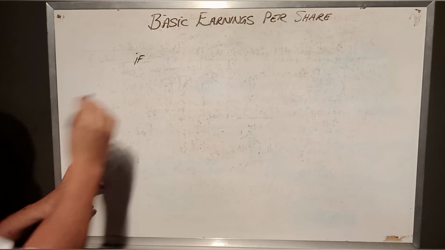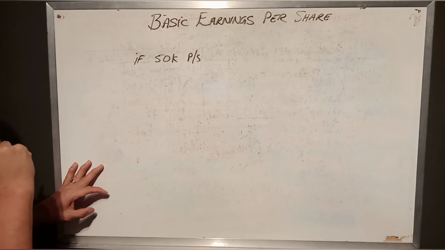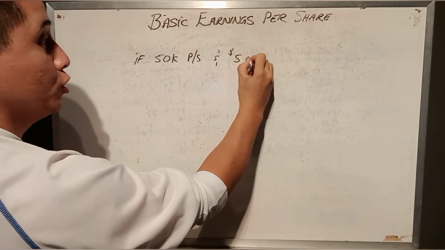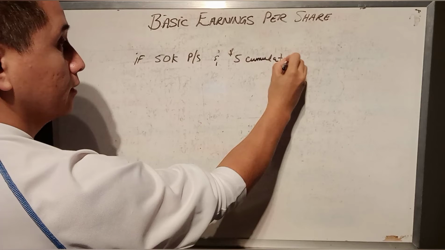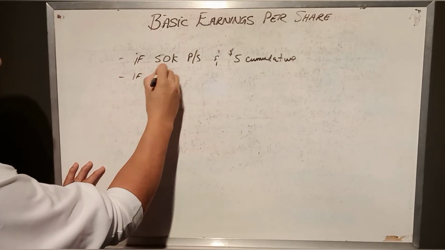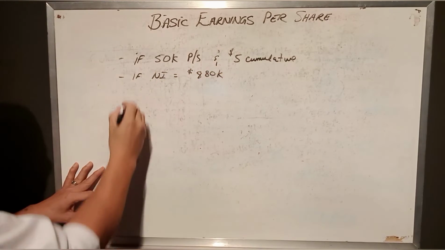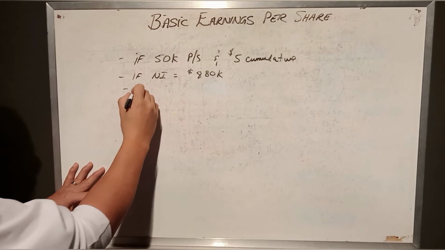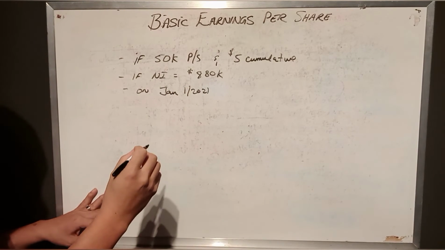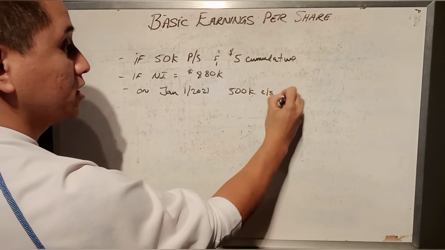Let's say that 50,000 preferred shares are outstanding and are at $5 cumulative. That's one fact. Let's say net income is equal to $880,000. On January 1st of 2021, there are 500,000 shares outstanding.